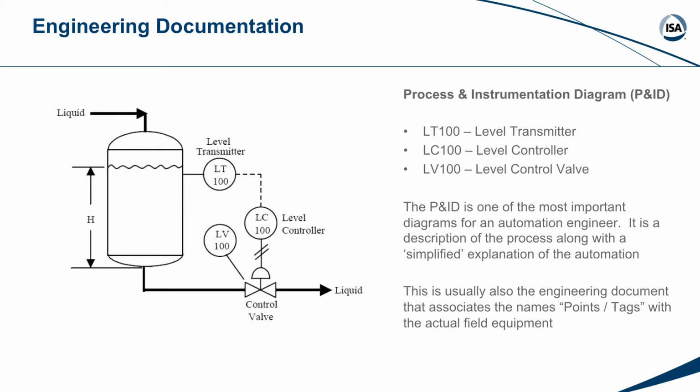This is what engineers use to document and define what instruments are connected to what parts of the process, how those pipes are interconnected, what their functions are, how they're wired together, and in some cases how they're programmed. In some cases they'll document things like alarm settings. Quite often that gets done on a more detailed version that I don't go into, called a loop diagram.